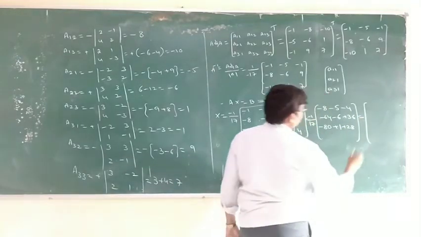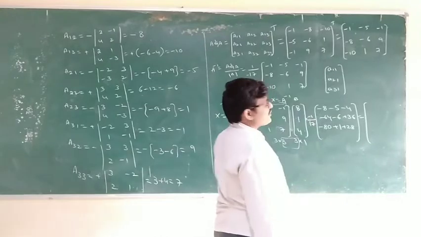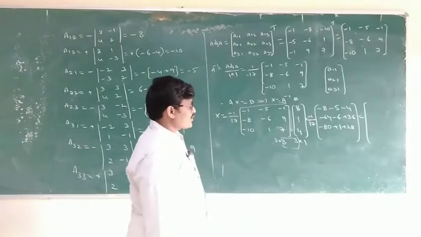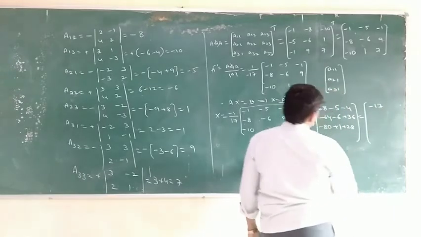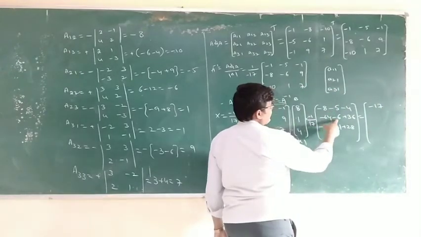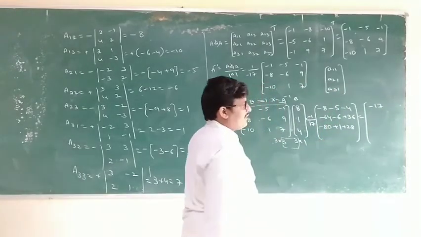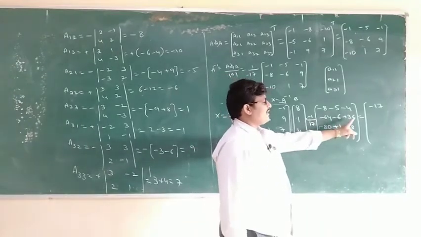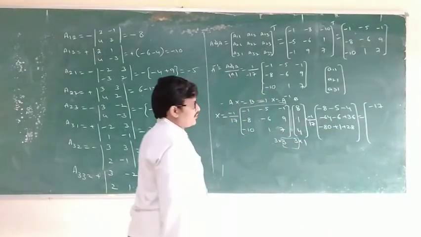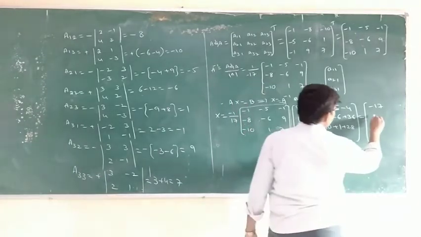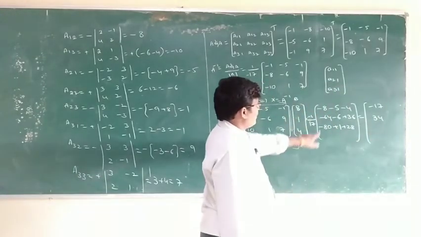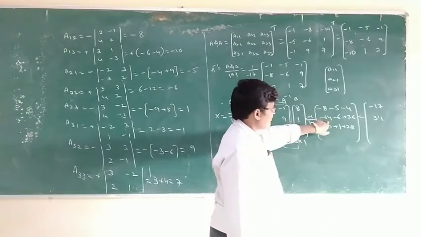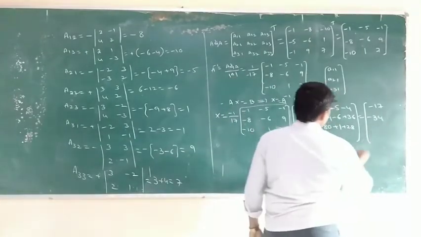So that is equal to: minus 8, minus 5, minus 4, that is minus 17. Next, minus 64, minus 6, minus 70, minus 70 plus 36 is minus 34.